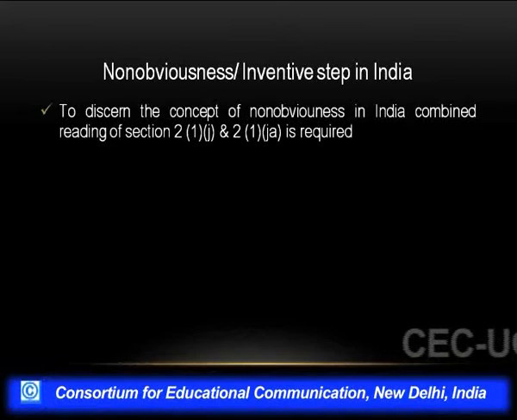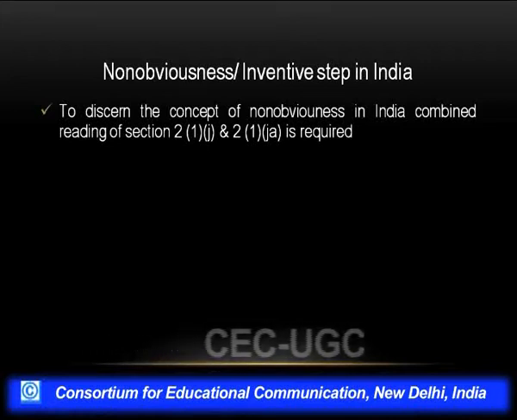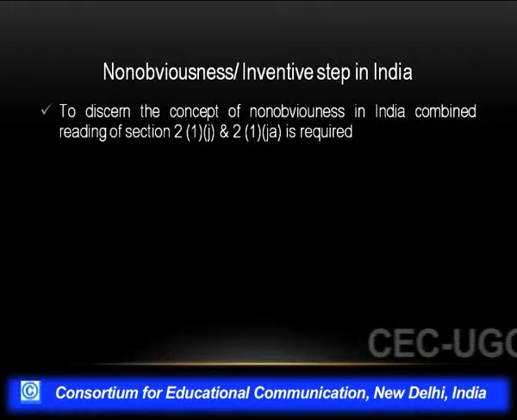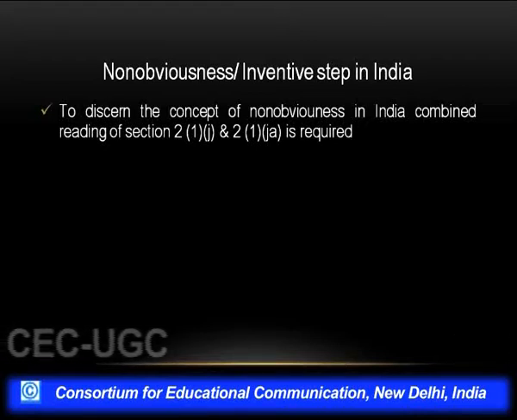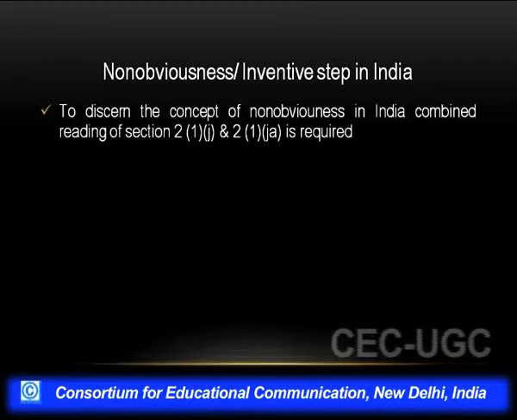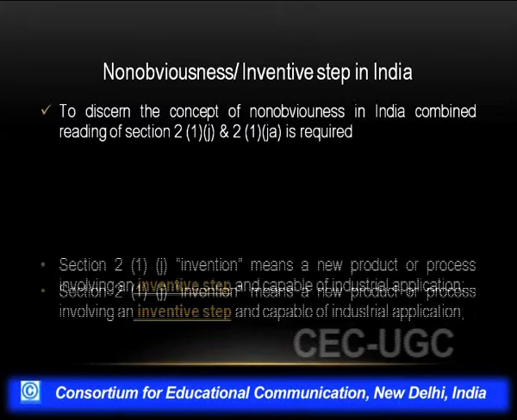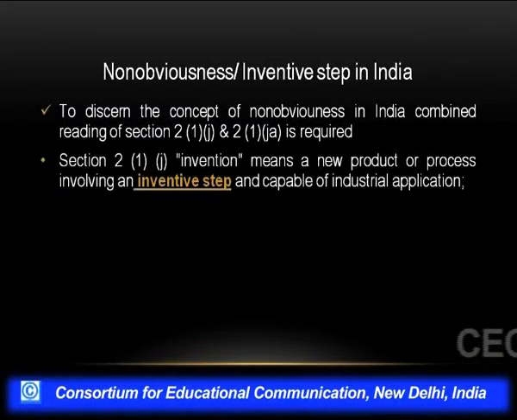Now, let us see the non-obviousness and inventive step in India. Friends, this requirement of inventive step to be present in the work of the person, to discern this concept of non-obviousness in Indian context, we will have to read two provisions together as highlighted in the first point in the slide, 21J and 21JA. 21J reads that invention means a new product or a process involving an inventive step.